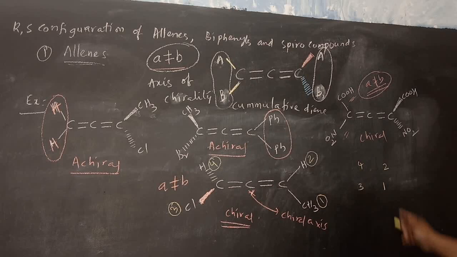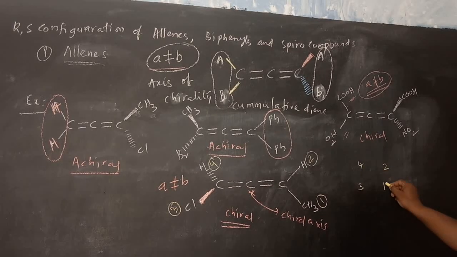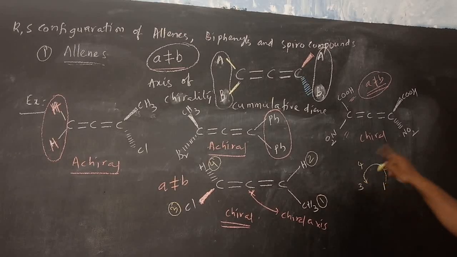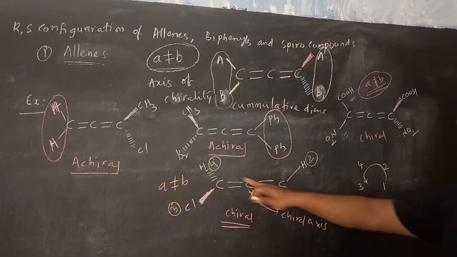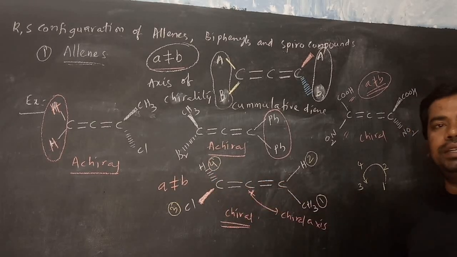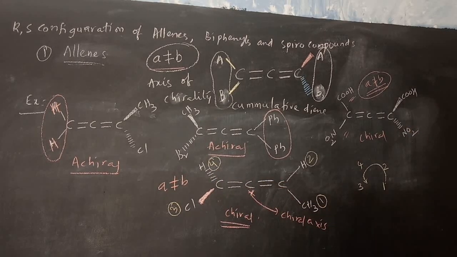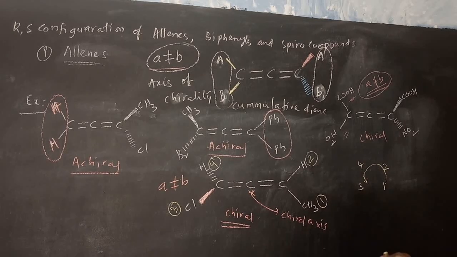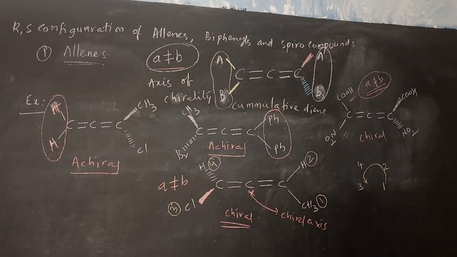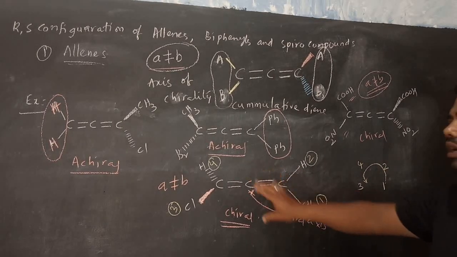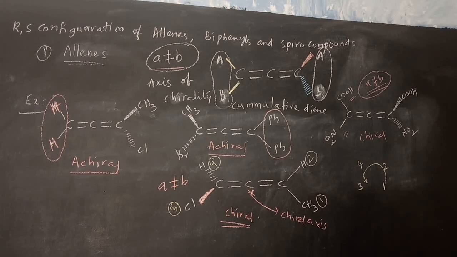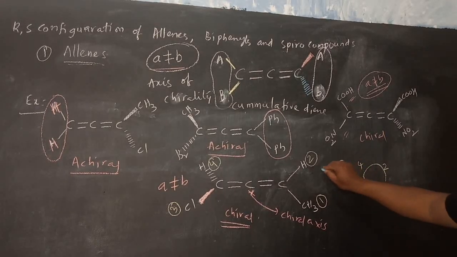Look at the order 1, 2, 3. The direction is anti-clockwise, and the least priority group is away from the observer, so there is no need to change the configuration. Therefore the configuration of this allene molecule is S.